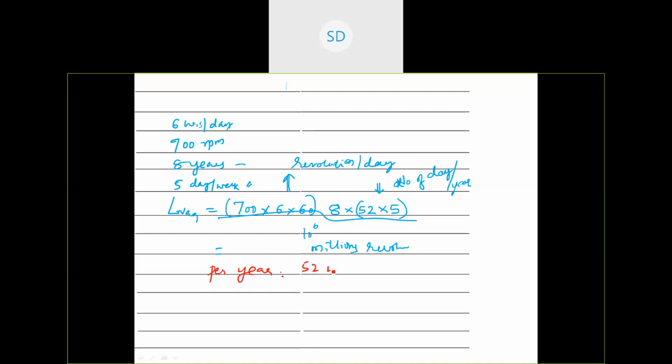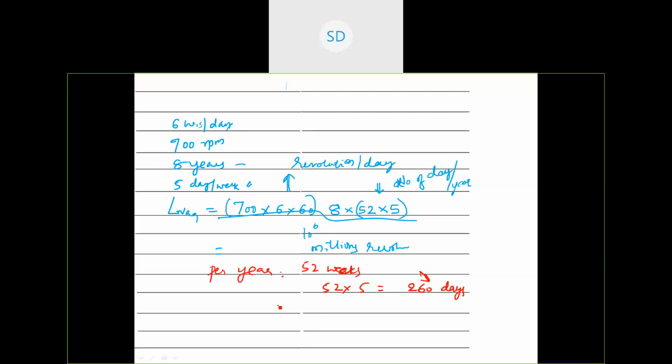It is 52 weeks, right? Then you just multiply 52 into 5. You are going to get 260 days. That means the bearing is going to work only 260 days per year. Rest of the days it's not going to work. Clear? Now you have 260 days.